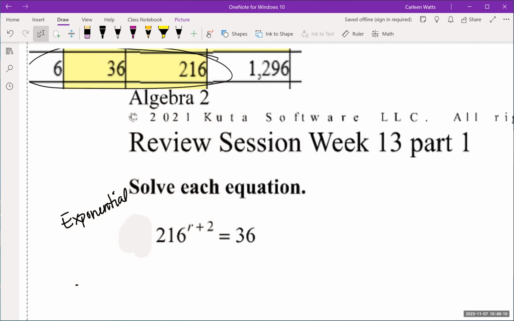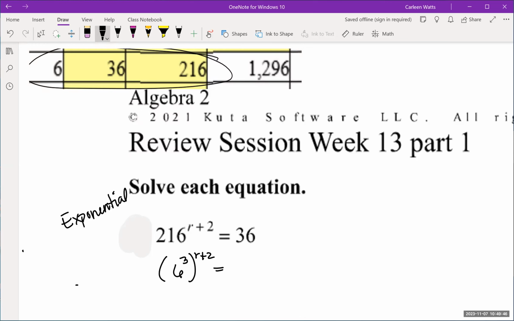Okay. So we see that I can now rewrite 216 as what? 6 to the third. Yeah. See where I got that? This is the foundation of doing these problems. Okay. And I'm going to write 36 as what?